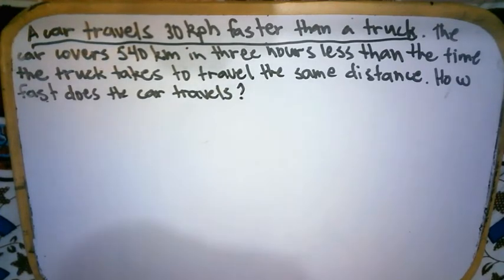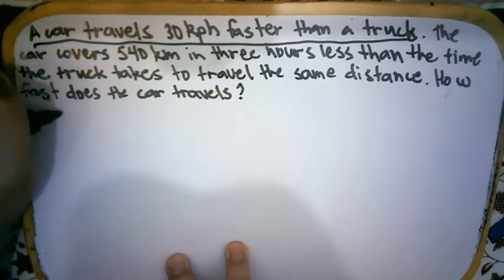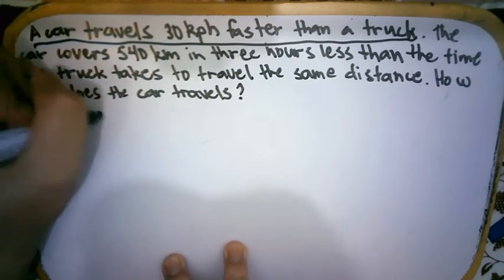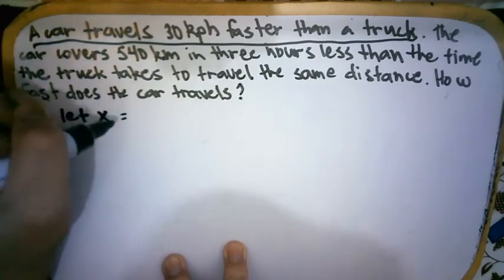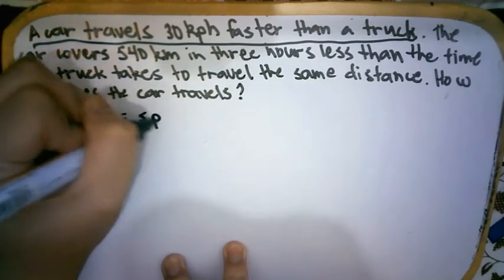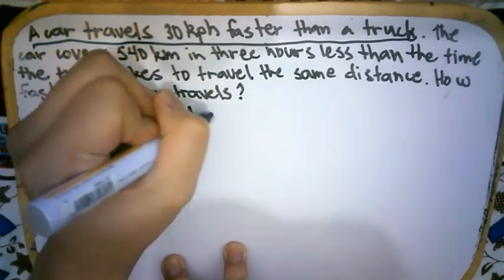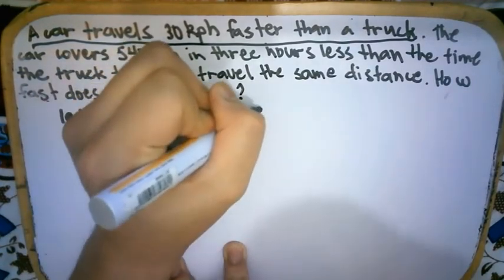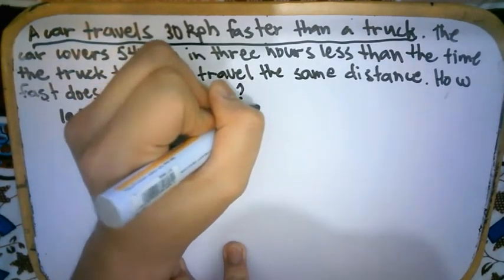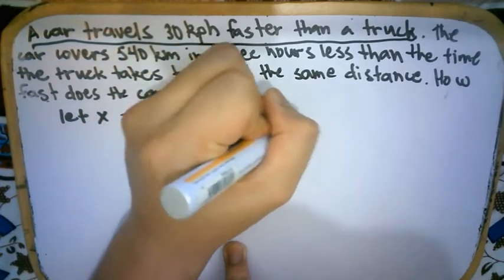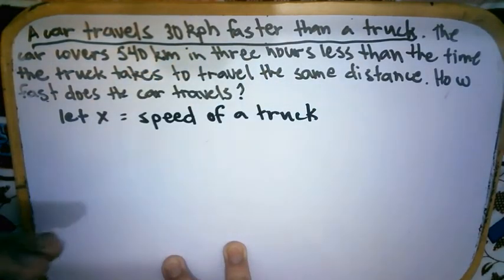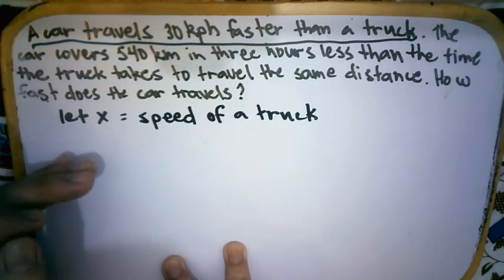So to represent the speed of a truck, we have to let x be the speed of a truck. So we're going to use a variable.